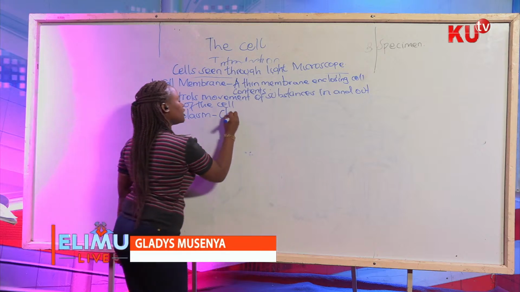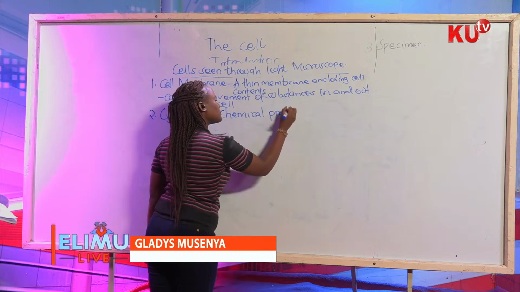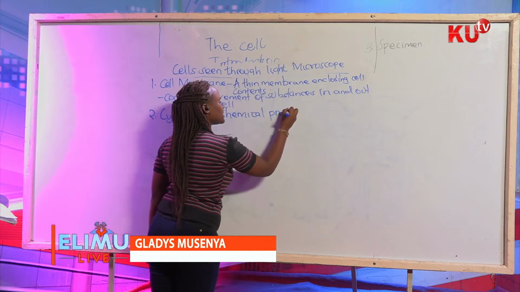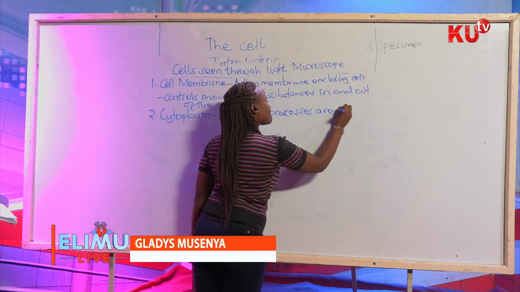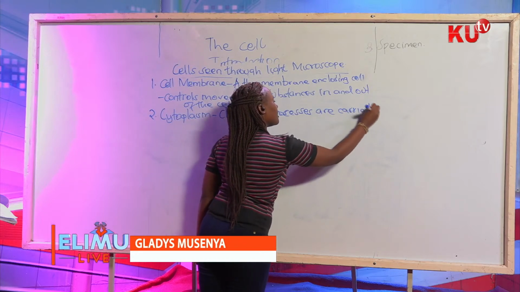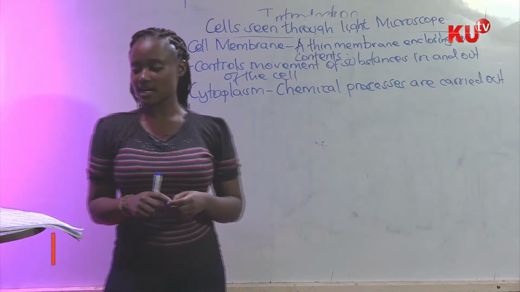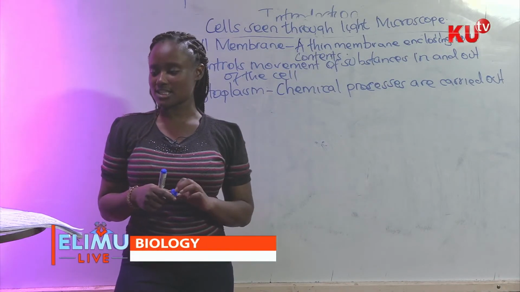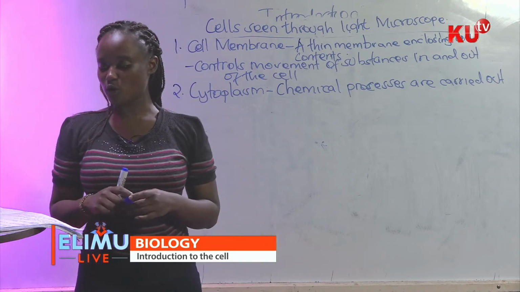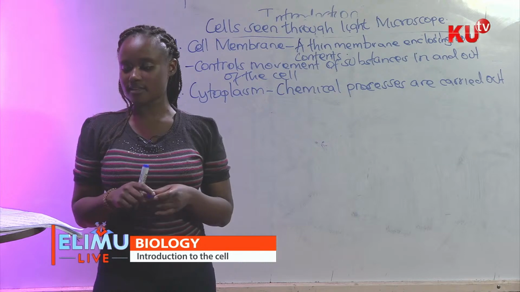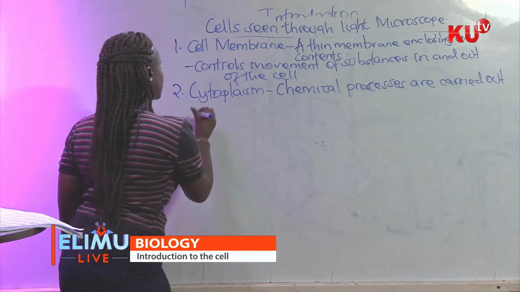So chemical processes are carried out in the cytoplasm. It is scattered all over, and the scattered structures are called organelles.